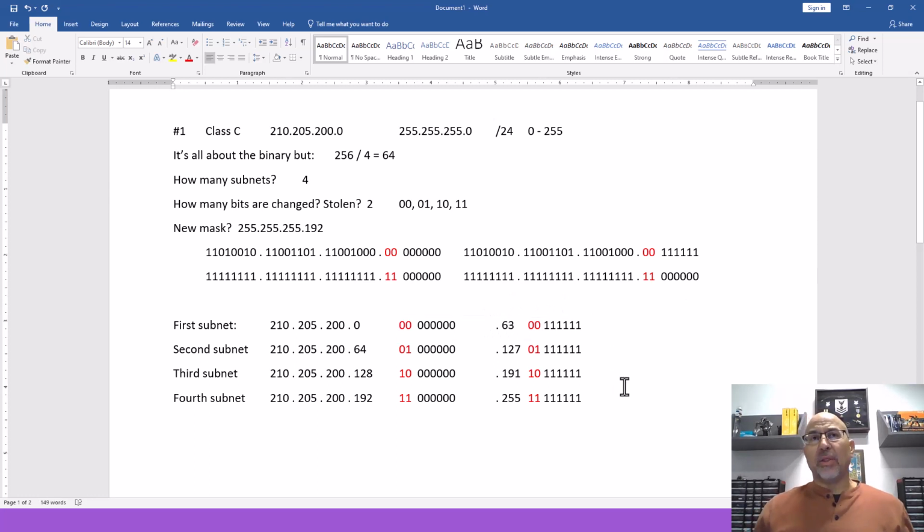That means that of those 64 possible addresses, I used 2 already. One for the subnet ID and one for the broadcast. So how many usable addresses are there? Well, it turns out that there are 62 possible addresses now in each. Maybe I'll give you a column header for this.